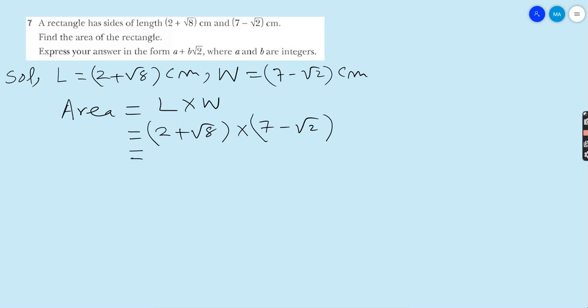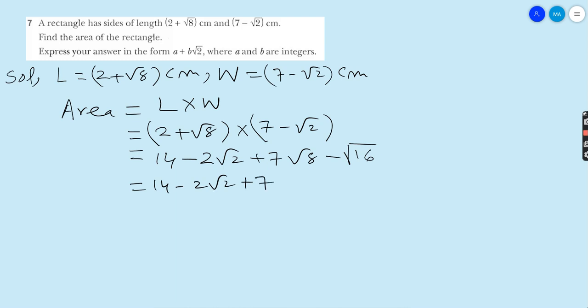First multiply 2 by 7 minus root 2. 2 7s are 14, and 2 into root 2 is 2 root 2. Root 8 into 7 is 7 root 8, and root 8 into root 2 is root 16.